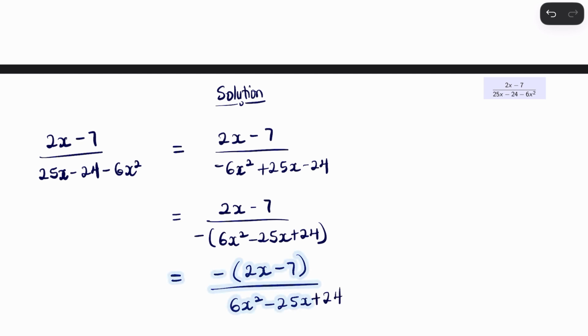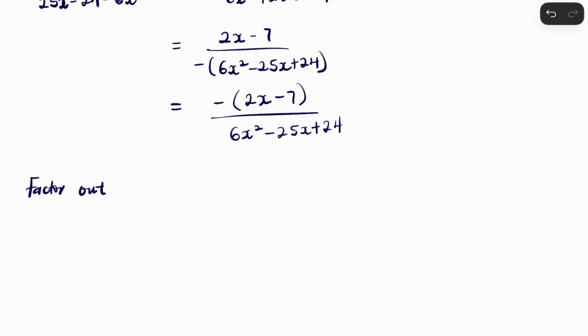So we can now easily resolve this into partial fractions by finding the factors of the denominator, right? So here we are going to factor the denominator 6x squared minus 25x plus 24, right? So here to find the factors, you find the product of 6 and 24, which will be 144. Then you find factors of 144 which, when you add, you're going to have minus 25, right? And so this is going to be minus 9 and minus 16, right?